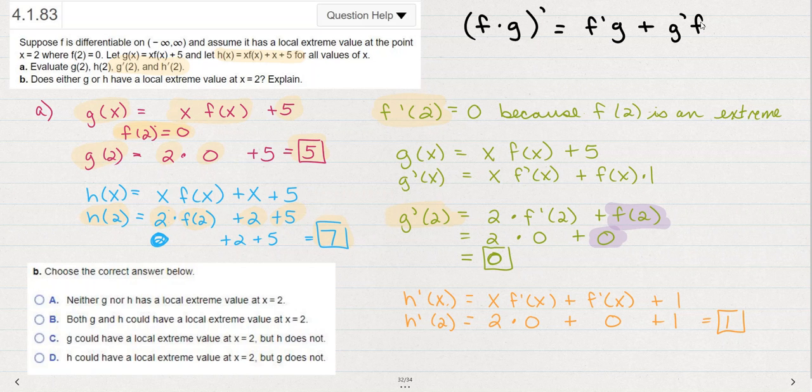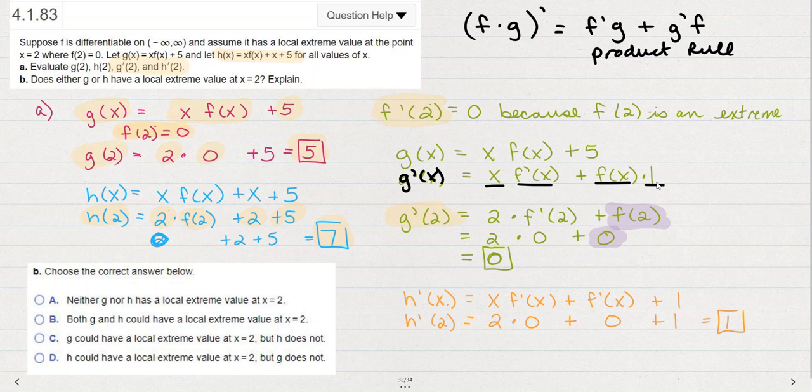So when we apply that product rule for derivatives to find g prime of x, that's what we're going to use. If we're given x times f of x, the derivative of that is going to be the first times the derivative of the second, plus the second times the derivative of the first.